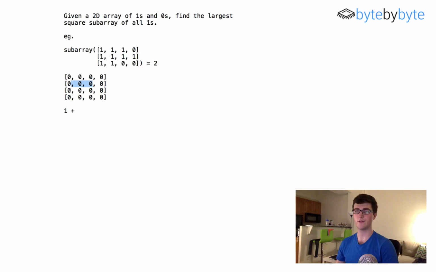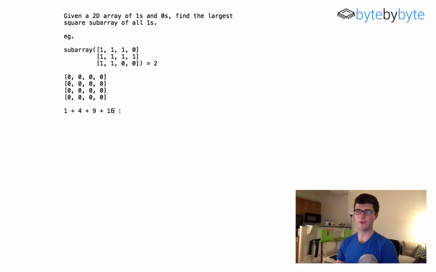So there are those 2 and these 2. So that's going to be 4, and then there are going to be 9 subarrays of size 2. There are going to be 16 subarrays of size 1, right? So 9, 16, and as you can hopefully see, this is the sum of the squares of 1 to n, right?